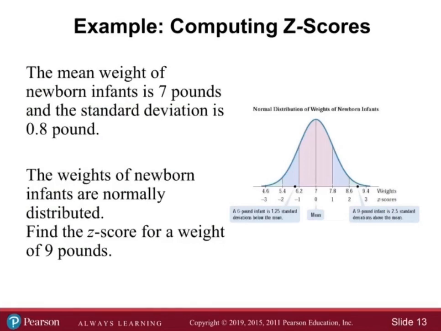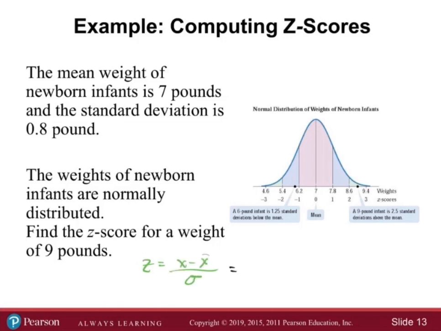So the average weight of newborn infants is 7 pounds and the standard deviation is 0.8. The weights of newborn infants are normally distributed. Find the z-score for a weight of 9 pounds. So we just said that the z-score is X minus X bar over sigma, right?